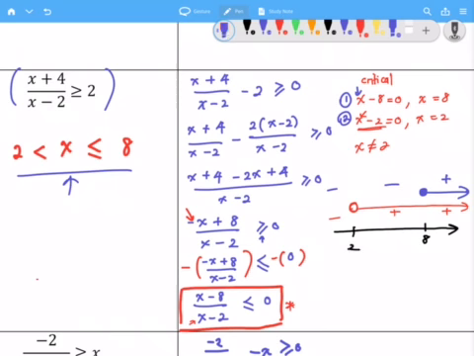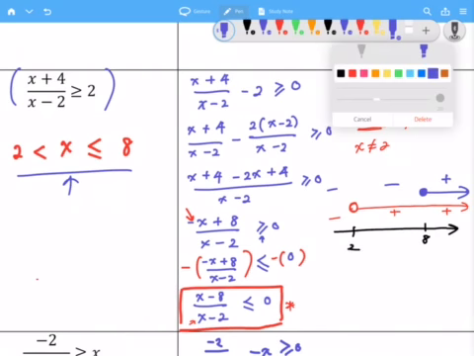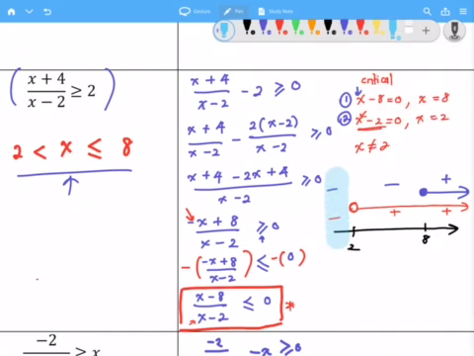Now, after you have done that, we can simply highlight our signage here. What we need to do now is to get the answer of this division of sign.